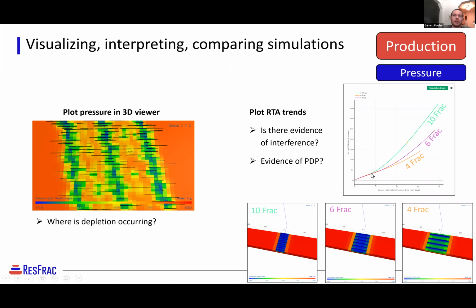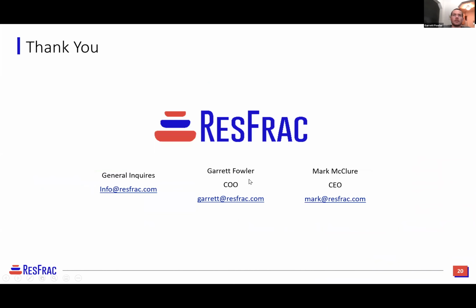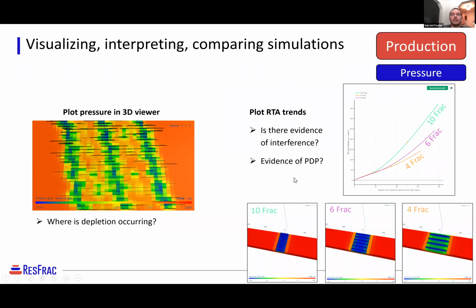As such, the initial slope of all 3 is identical at the very beginning of the simulation. But in the 10 fracture case, where the fractures are much closer together, we see interference much earlier, and so you see a deviation from linear flow earlier than in the 6 or the 4 fracture case.